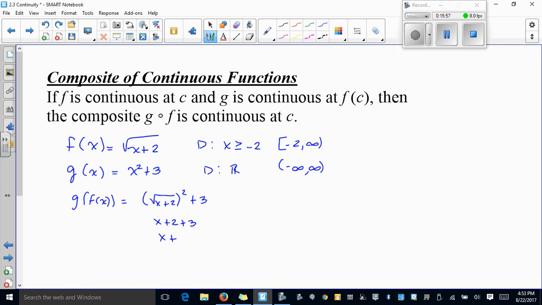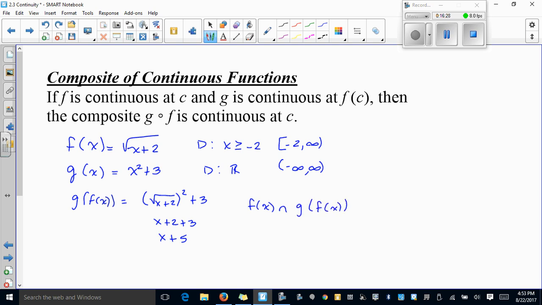Now you can't claim the domain to be all real numbers. Keep in mind that it says that if f is continuous at c and g is continuous at f of c. So here, our domain is now going to be the intersection of f of x intersected with g of f of x.